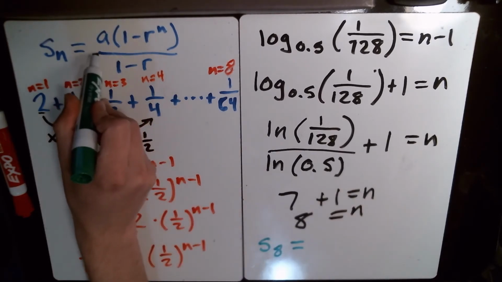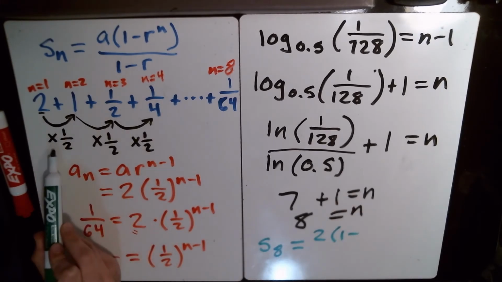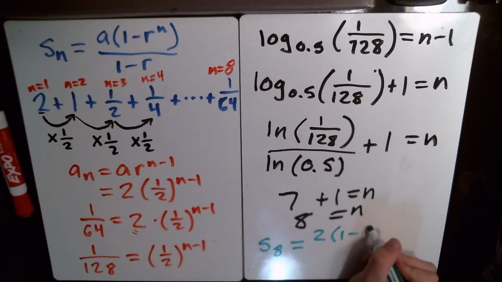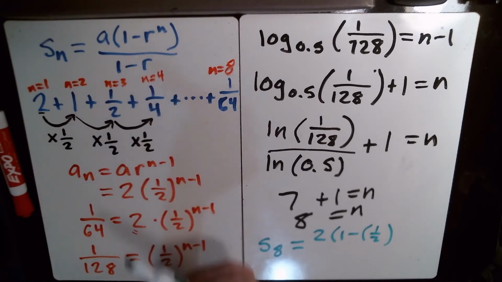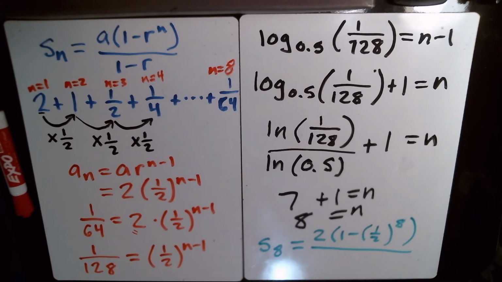A in my problem is the first term, so this is 2, and then times 1 minus r to the n. r in this case is 1/2, raised to the n power, where n was 8, divided by 1 minus 1/2.